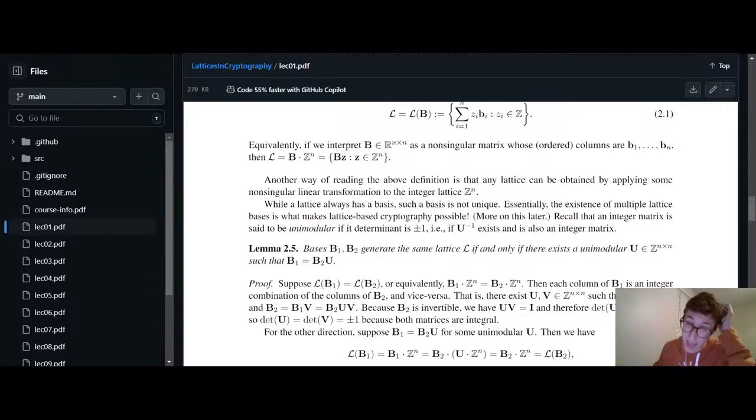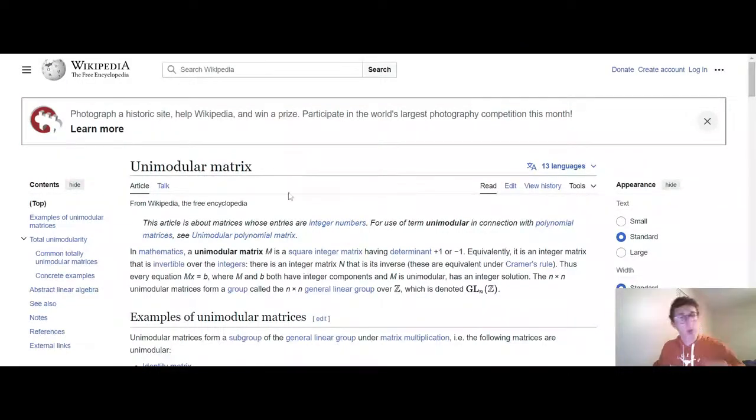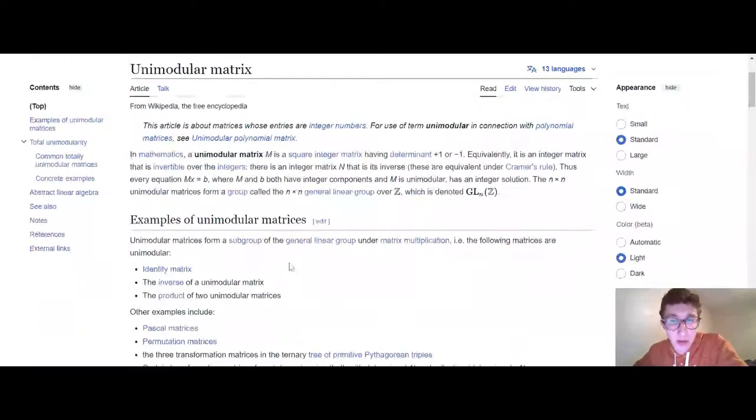So actually, I had absolutely zero idea what this part means. So we're going to look at unimodular matrix. Unimodular matrix, the square matrix has a determinant. Right?